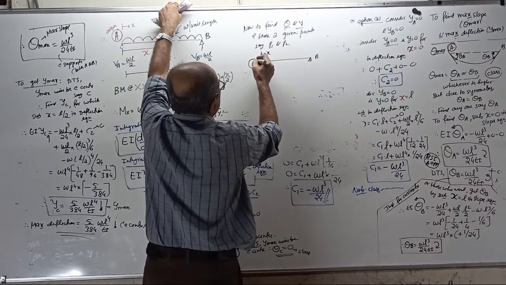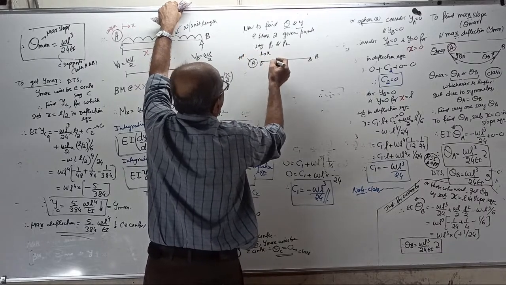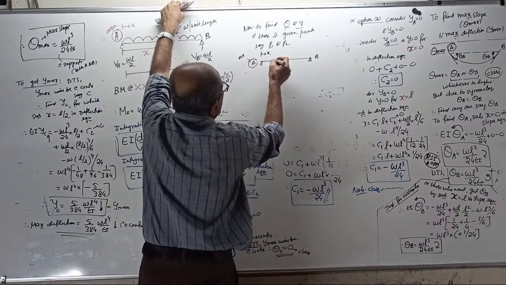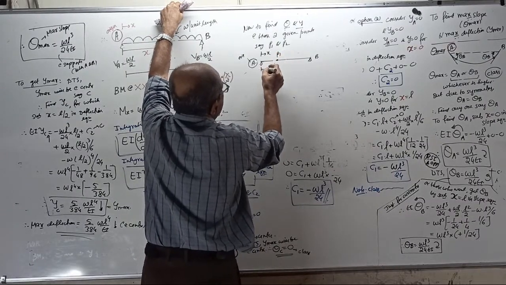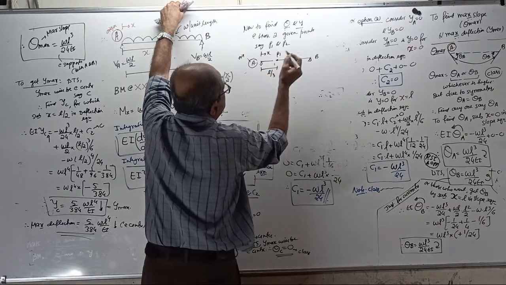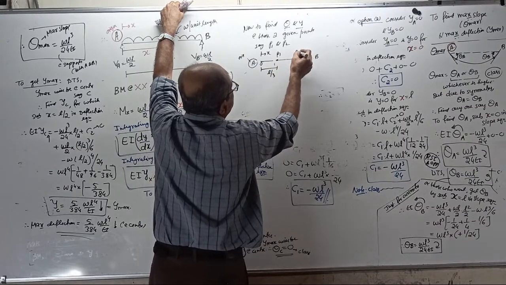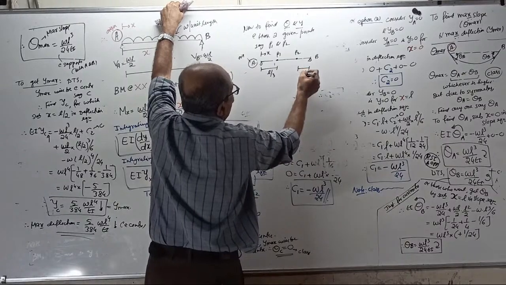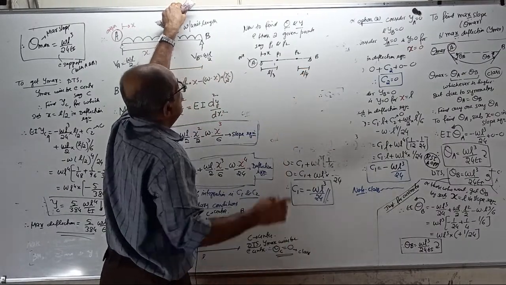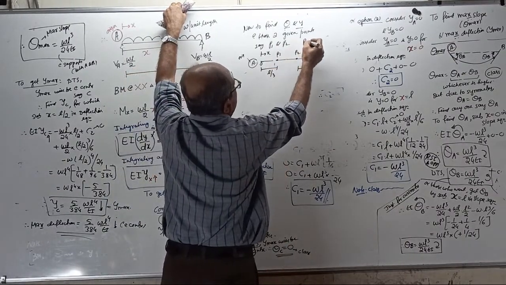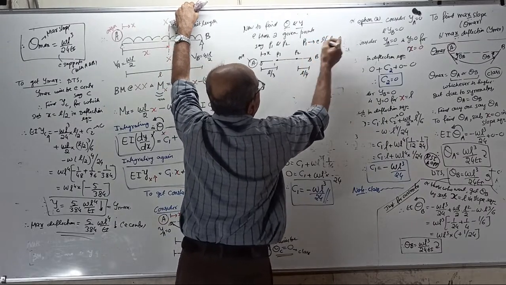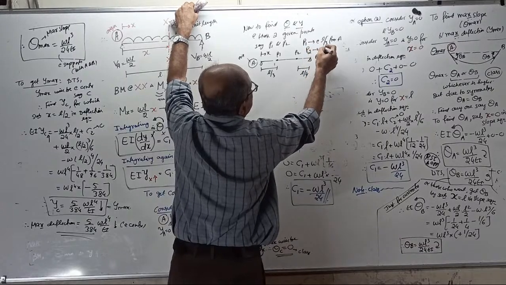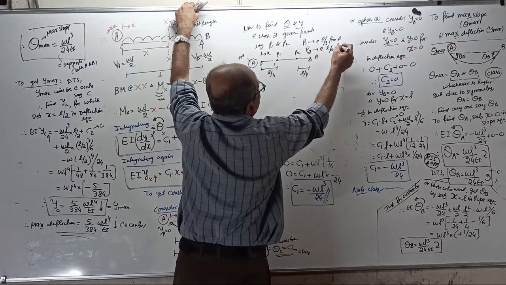This is the origin. One of the points is L by 3 from the left hand, so mark P1 here at L by 3 from the left hand. P2 is here, at L by 4 from the right hand. P1 is at L by 3 from A as per the question. P2 is at L by 4 from B.